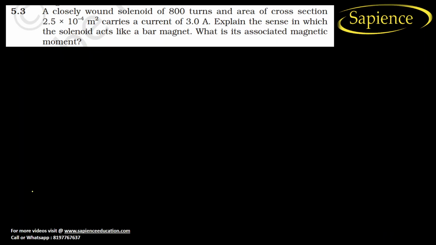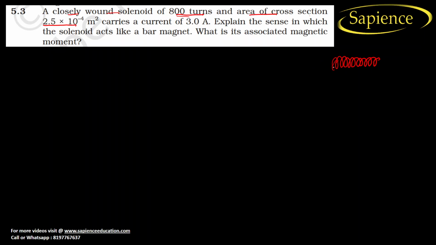Now next is your 5.3. So let's first of all read the question. A closely wound solenoid. Solenoid, I hope you all have understood this. What is a solenoid? So this is a solenoid, winding of the wire in a spiral way like this. So it is considered as a solenoid, having 800 turns, and the area of the cross section is 2.5 into 10 to the power minus 4 meter square.